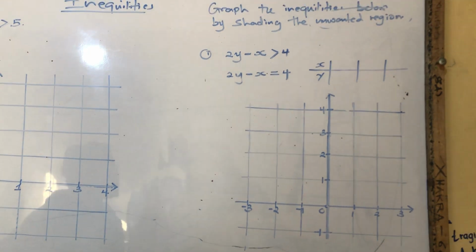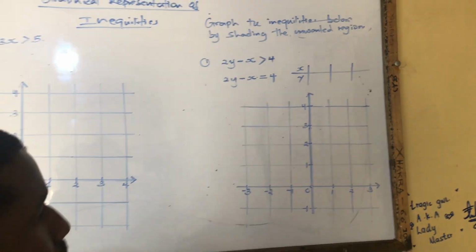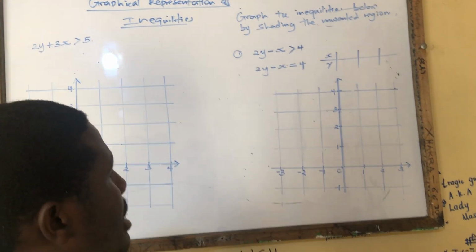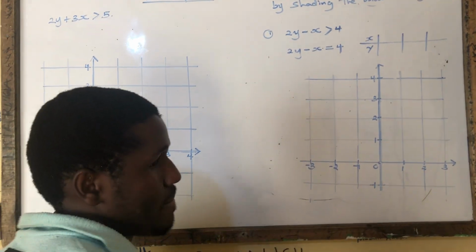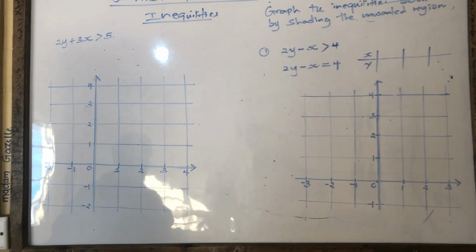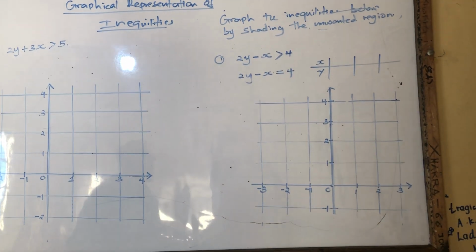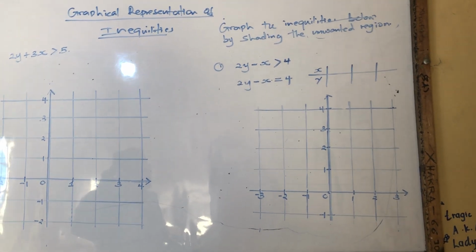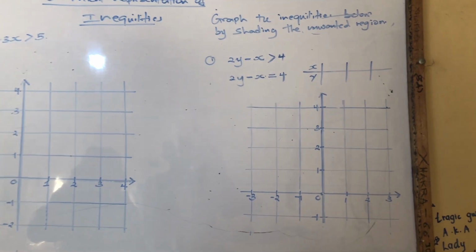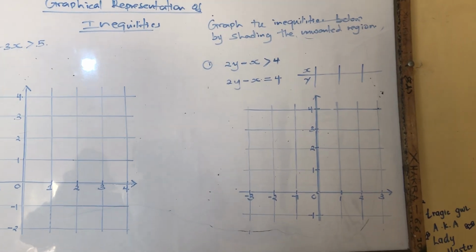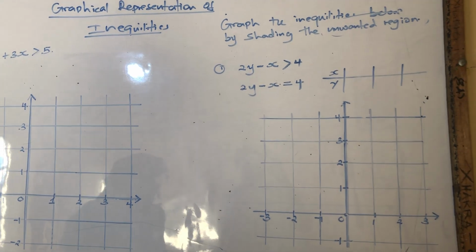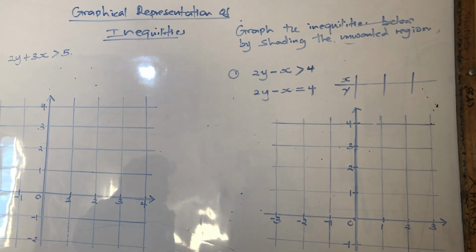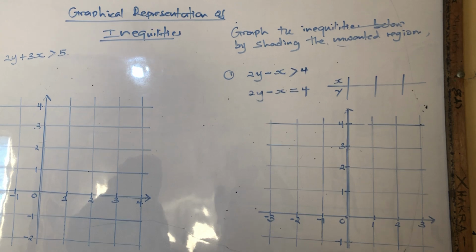We want to consider any three random values of x. We all know that any time you are drawing a graph involving two variables x and y, then a table must be drawn. In this table, the values of x are picked at random, but please ensure these values of x will give you a value of y, which can be plotted without much trouble.